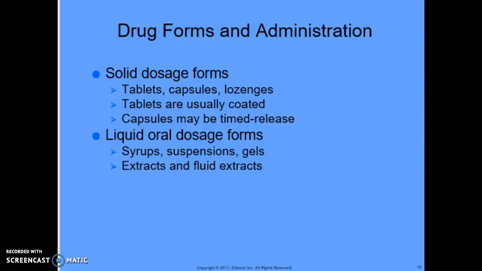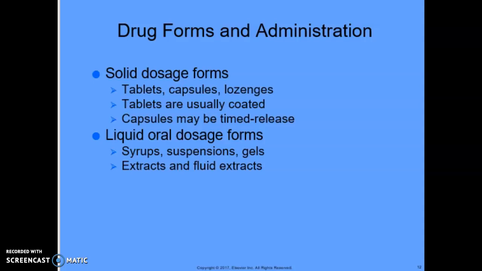Liquid and oral dose forms, we have syrups, suspensions, gels, and extracts and fluid extracts. So a tablet is a compressed powder or granules that, when wet, break apart in the stomach or in the mouth if they are not swallowed quickly. The mouth can break it up.